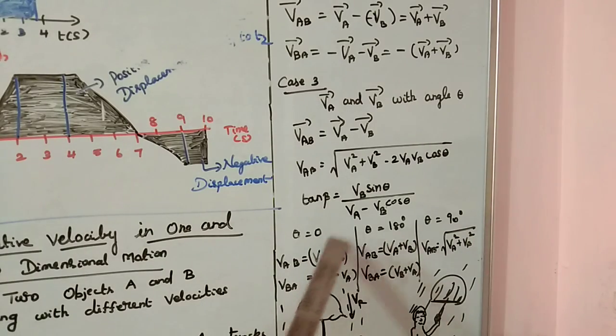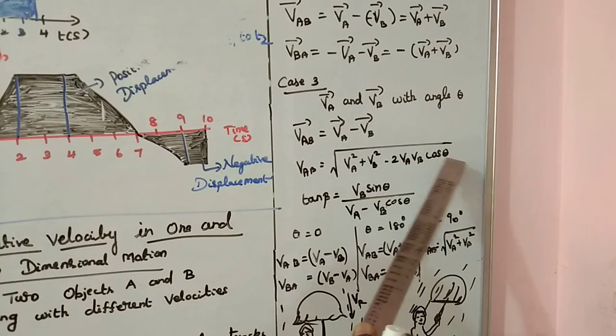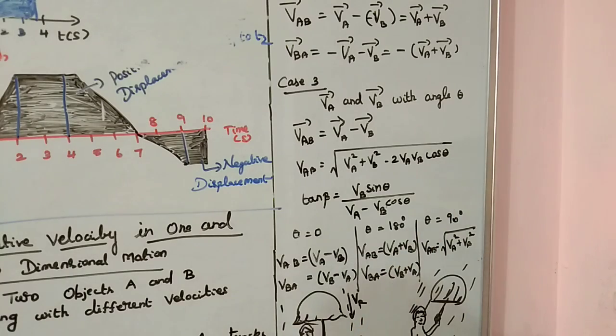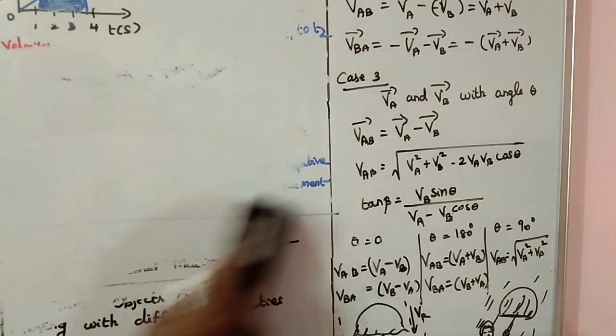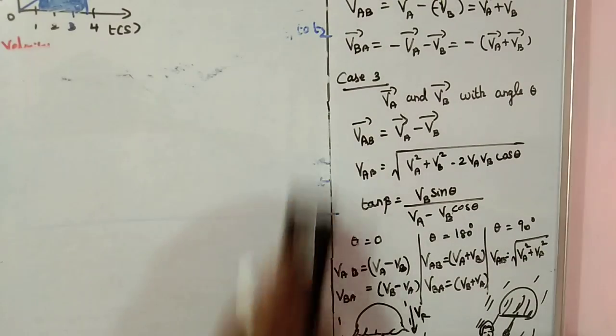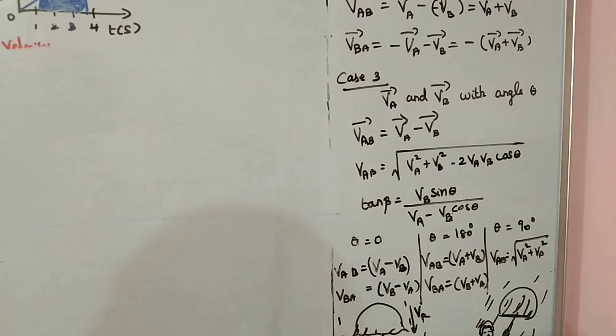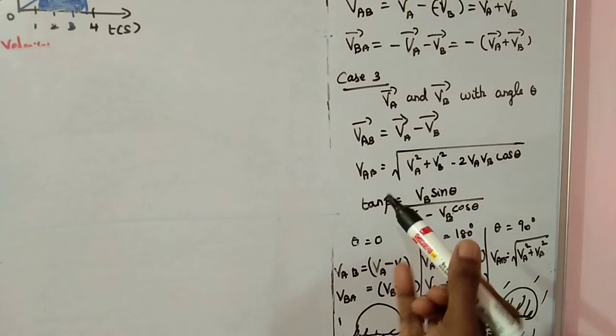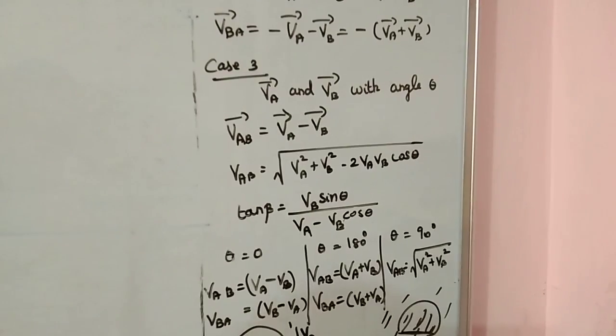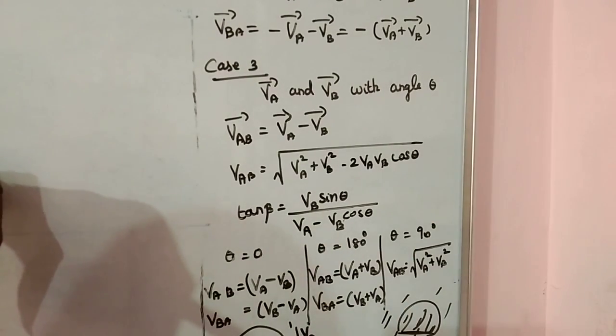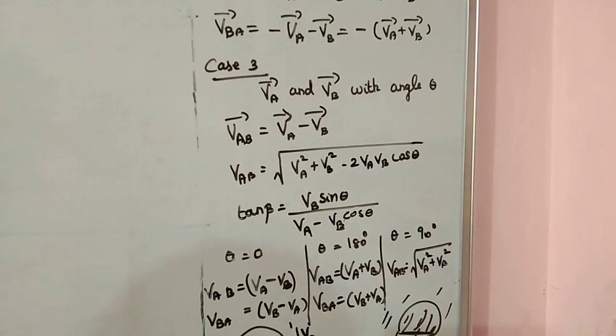If theta equals 0, what is the value of cos 0? Cos 0 equals 1.